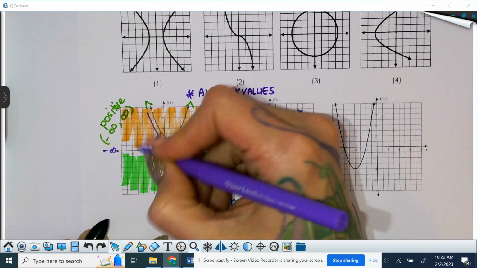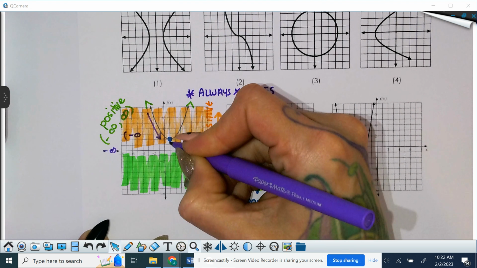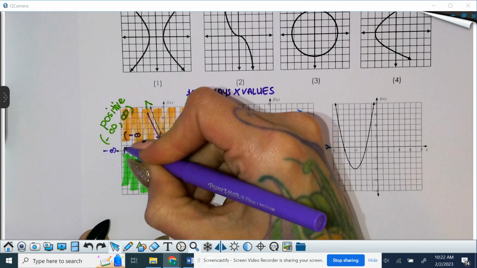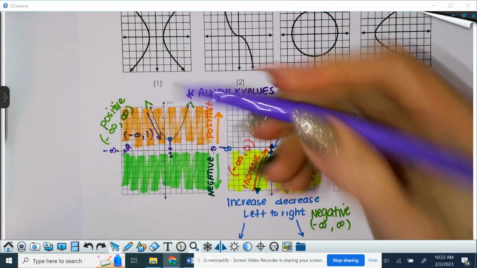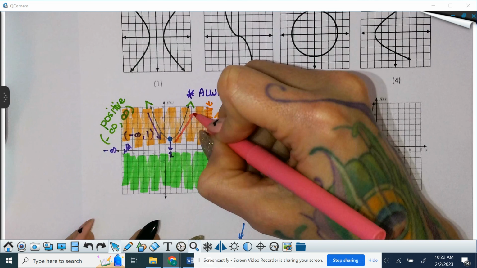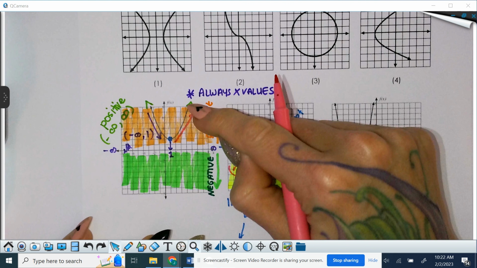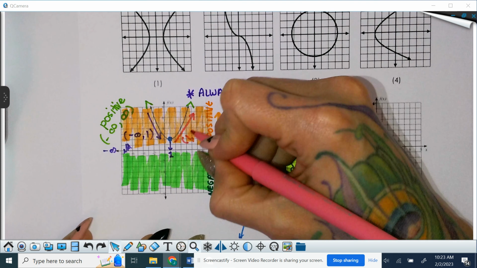So it's going to decrease from negative infinity to 1. Whoops, right there, sorry. So it decreases from negative infinity to 1. And then this side is increasing because as the x values increase, the y values go up. It's going to start at 1 again, and it's going to go up to positive infinity.